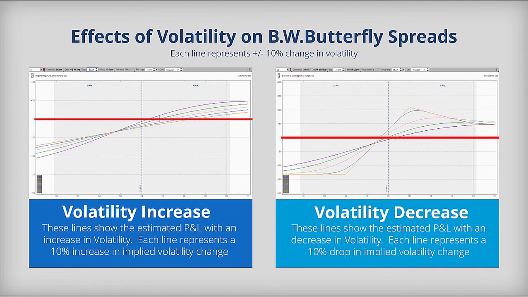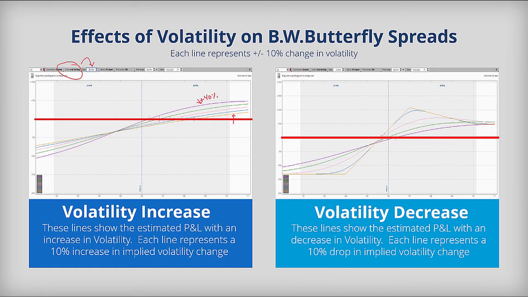So here is the broken wing butterfly spread's effective volatility. If you take a look up here, I've got 4 lines. Each of these is a $10 change of volatility. So this top line is going to be if volatility rises by 40%. It's going to be this purple line up here.